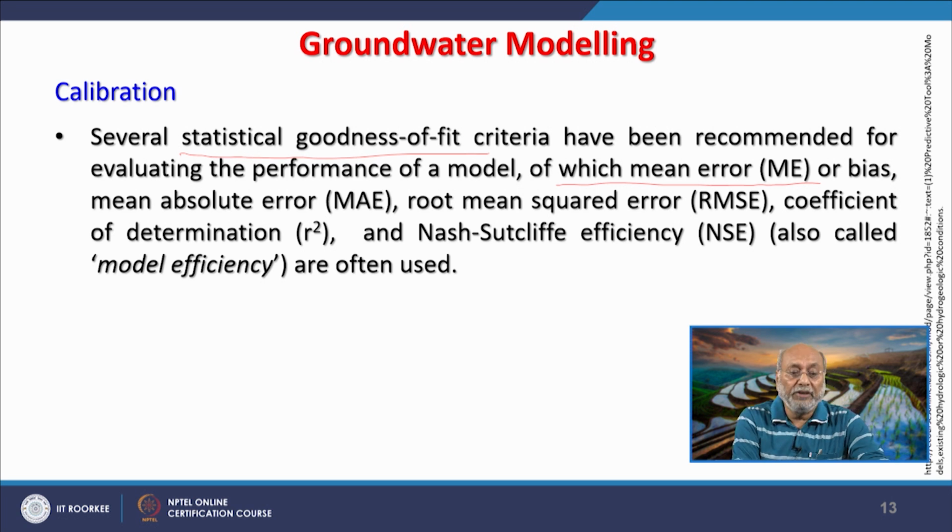Coefficient of determination, that is R square, and Nash-Sutcliffe efficiency, also called model efficiency, are often used, because after all everyone wants that whatever outputs a model is giving should be more close to the real things. So, that is why different techniques can be used.